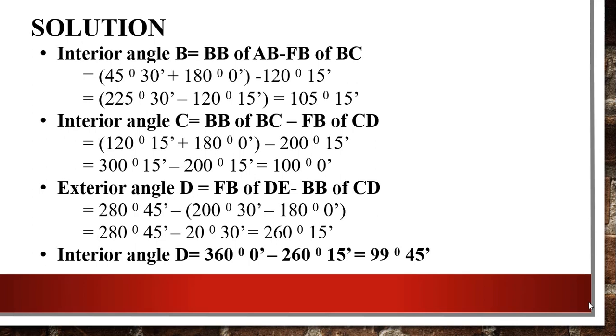For getting the interior angle B, you have to first calculate the back bearing of line AB. So to obtain the back bearing of line AB, you have to add 180 degree to the forebearing. As the forebearing is less than 180 degree, you have to add 180 degree.